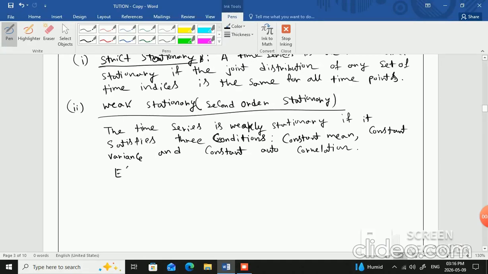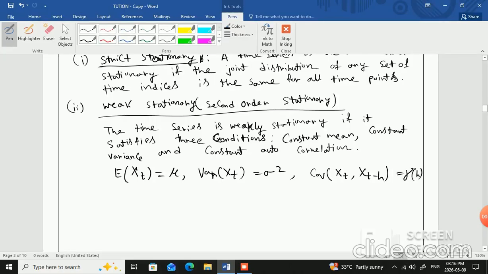That is, expectation of xt equals mu, variance of xt equals sigma square, and covariance of xt, xt minus h equals lambda h, where h is the lag, and this holds for all t.